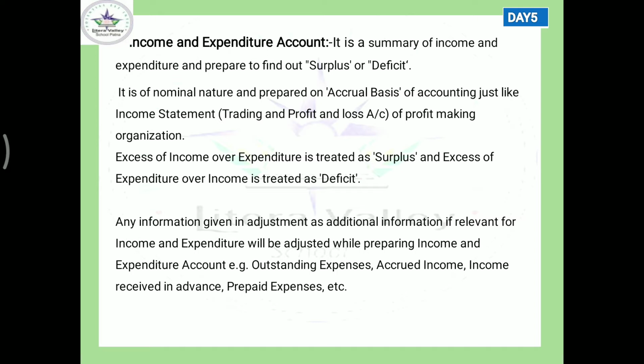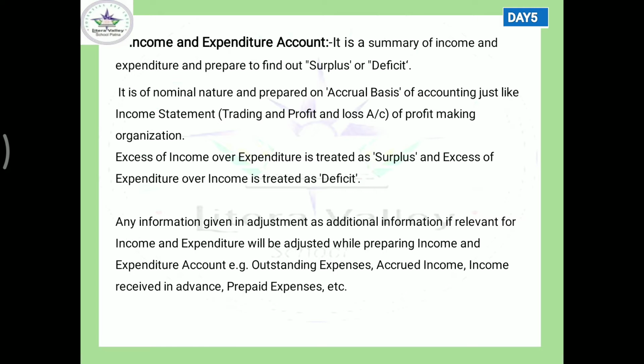Now come here. Income and expenditure account is a summary of income and expenditure, and basically it is prepared to find out surplus or a deficit.